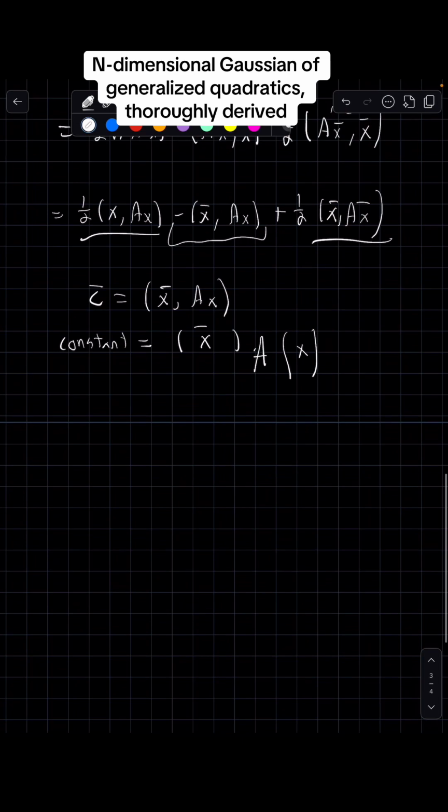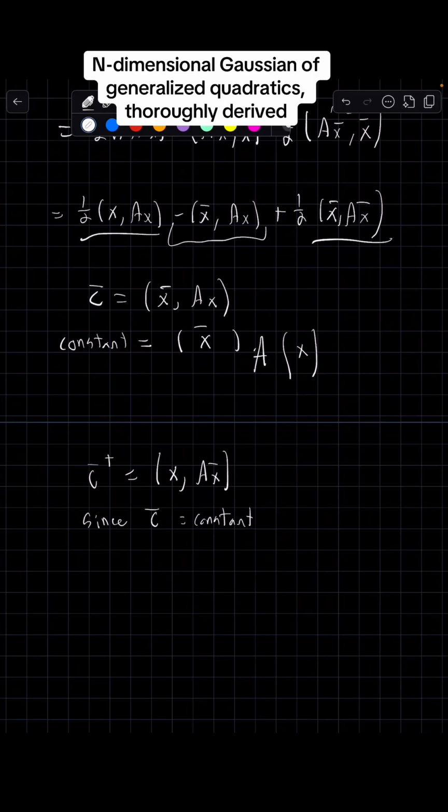Which means if we do c bar transpose, that's going to equal x A x bar. But since c bar equals a constant, c bar transpose equals c bar.